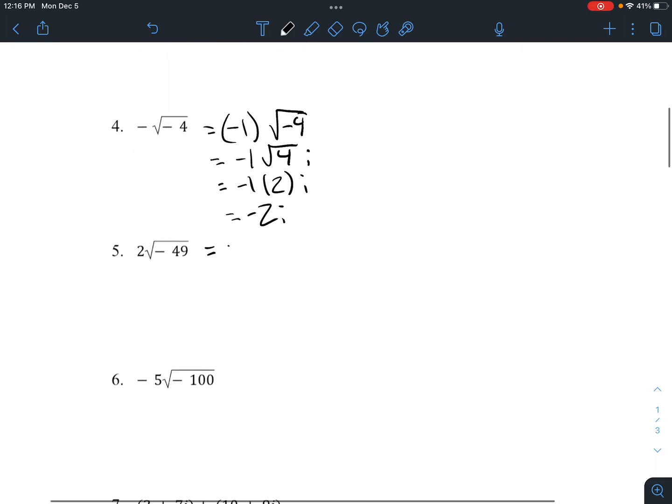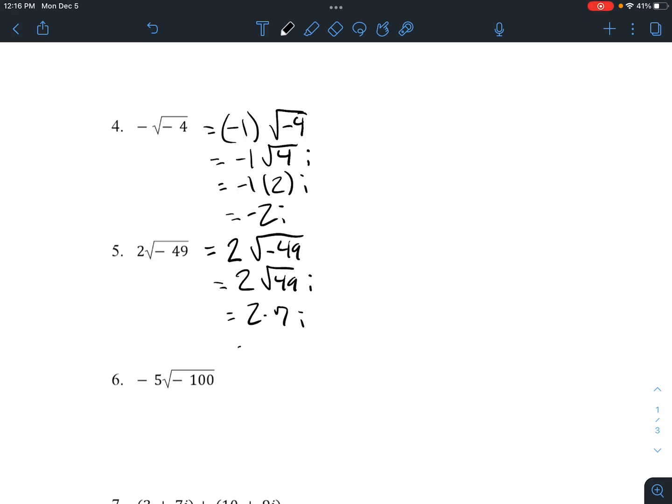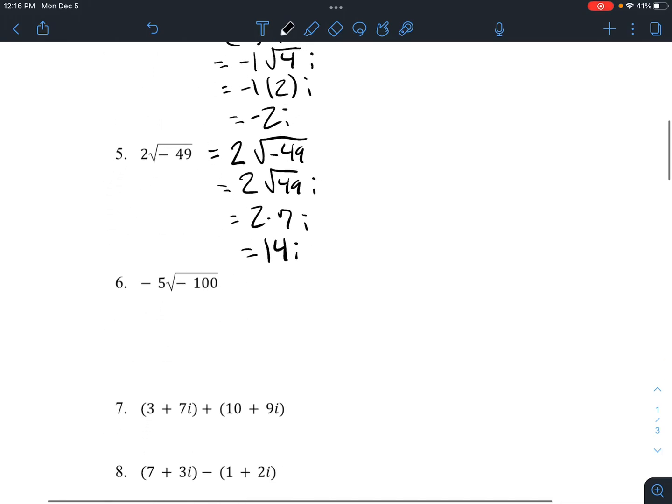For number 5, we're just going to have a 2 out front as opposed to this -1, but it's the same exact process. Square root of -49, so 2 square root of 49i, 2 times 7i, and then 14i. So all we're doing is evaluating as we keep on going down.